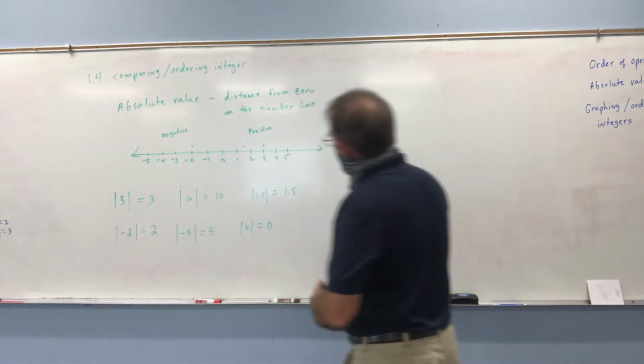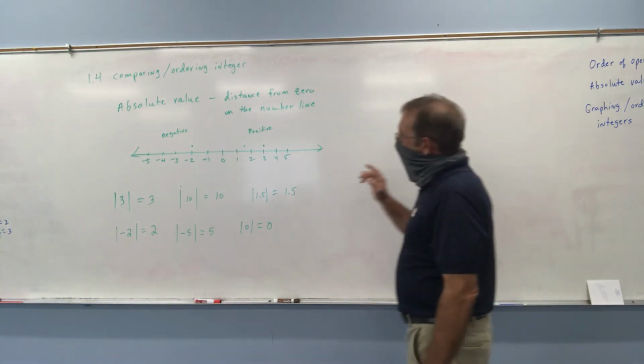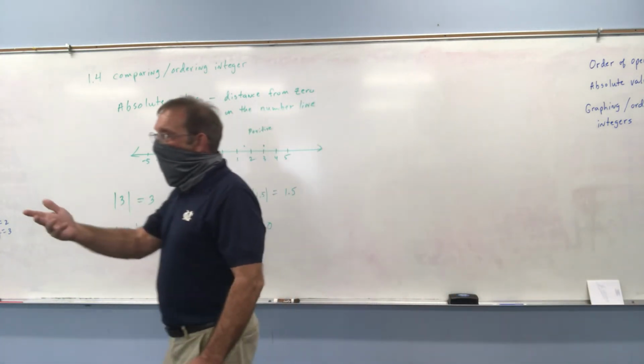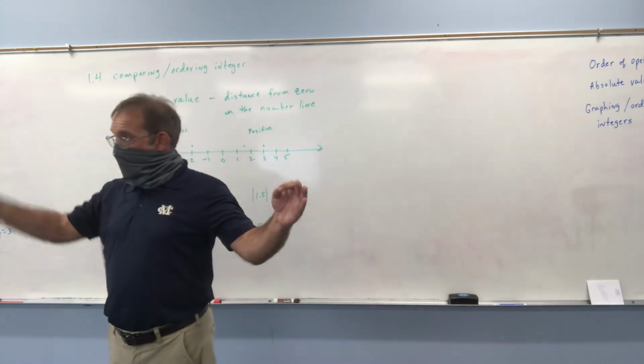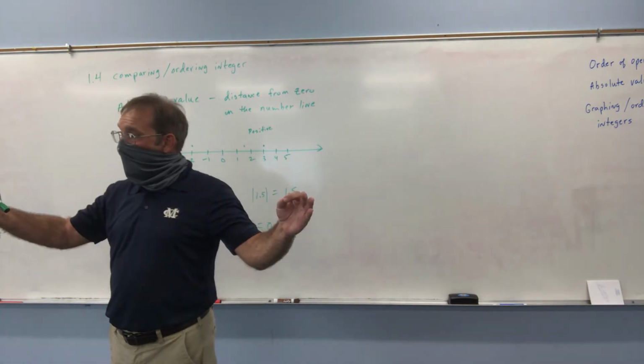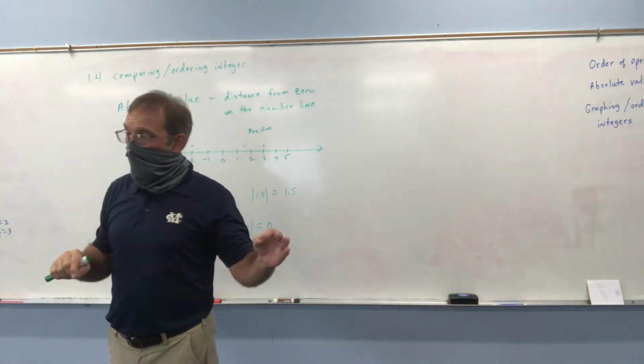Now, let's talk about, kind of go back to what we said just a few minutes ago, about how the number line is in order. If you're anywhere on it and you move to the right, you will have moved to a bigger number.